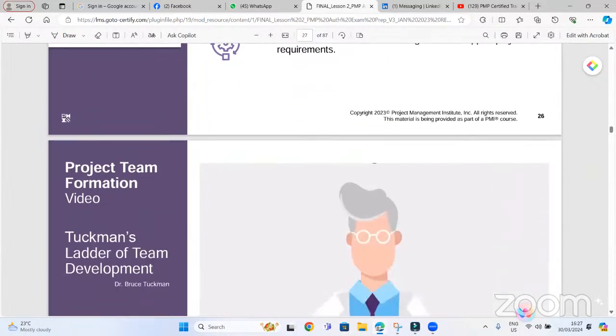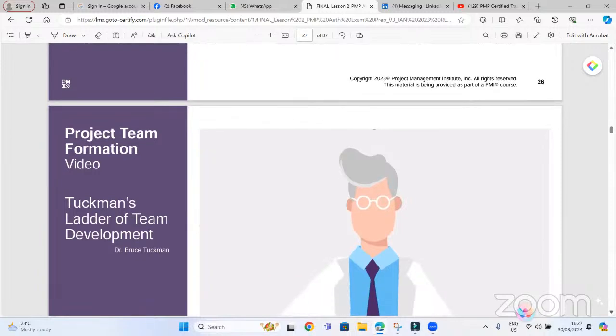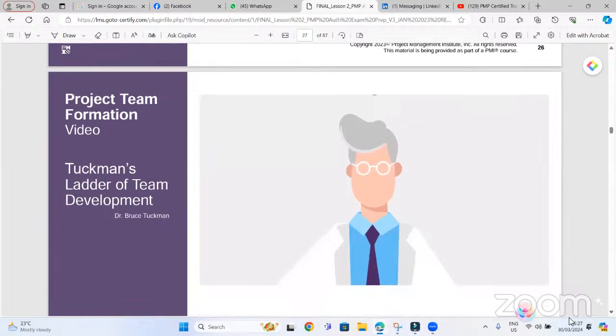Bruce Tuckman is a psychologist who gave us five stages of team development. He said that once we form a team, we start with a stage which is called forming, which by name is very much clear.